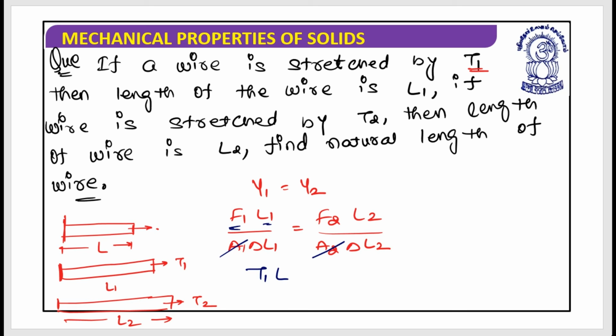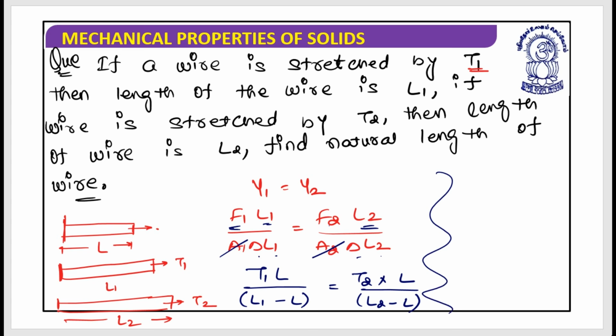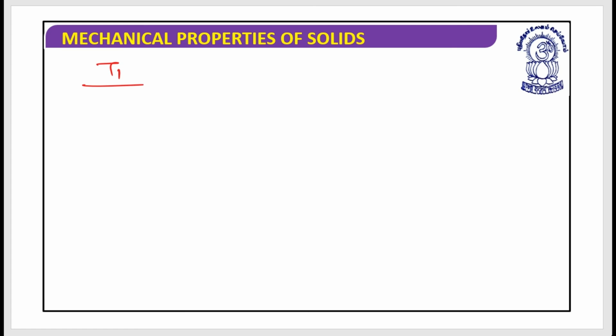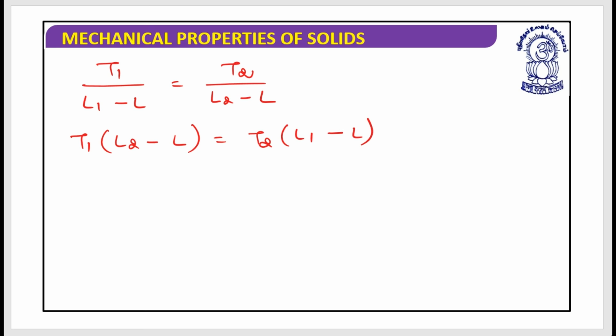Original length of the wire is L. Divide by delta L, which is the change in length, L1 minus L. This equals the new force T2, original length L, divided by delta L, that delta L was L2 minus L. So T1 into L divided by L1 minus L equals T2 into L divided by L2 minus L. This L and this L have gone. I'm left with T1 into bracket L2 minus L, that equals T2 into bracket L1 minus L. So this is T1L2 minus T1L, equals T2L1 minus T2L.